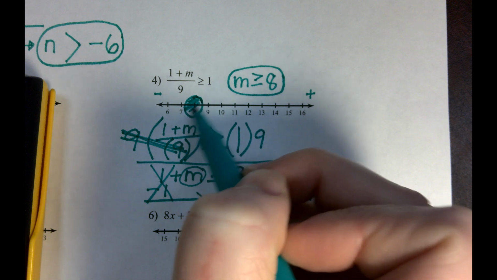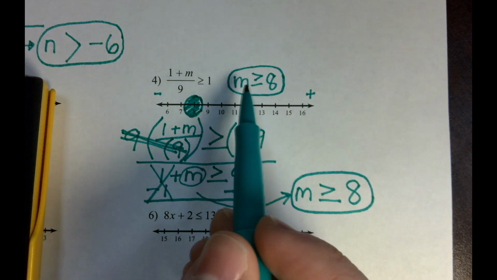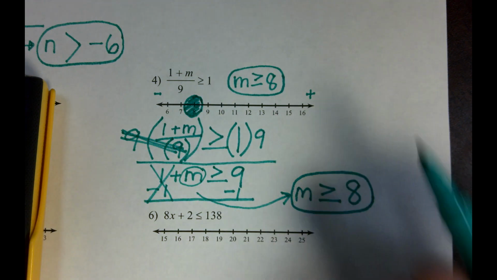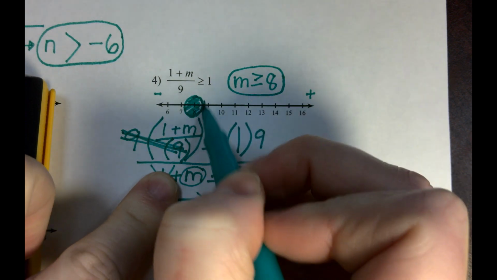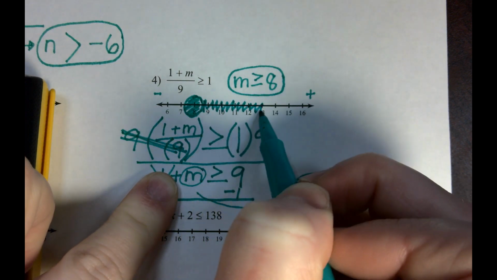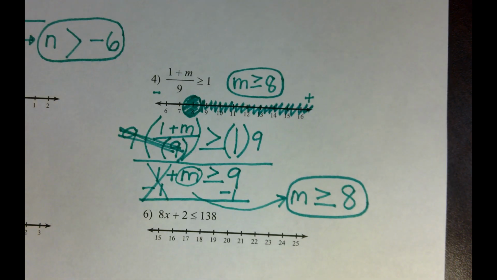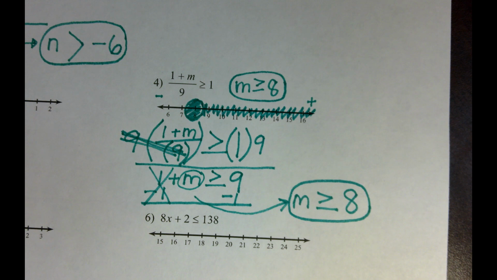Why are we closing this one? Why do we shade? Equal to. Yes, because there's a line under it. It's greater than or equal to 8. So what direction do we shade? To the right. Good. Any other questions about number 4 in particular?